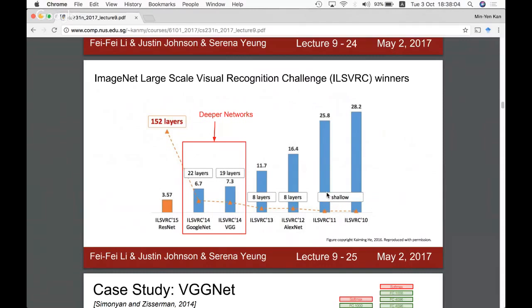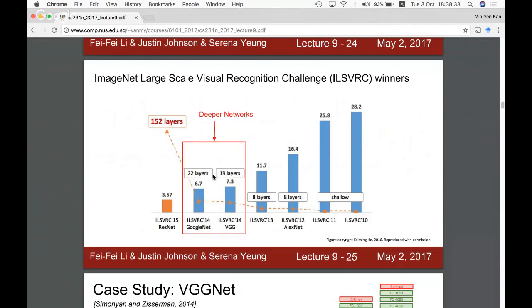So previously we saw these shallow networks, which have 8 layers, and for the ImageNet large-scale visual recognition challenge in 2014, there were 2 networks which performed very close.